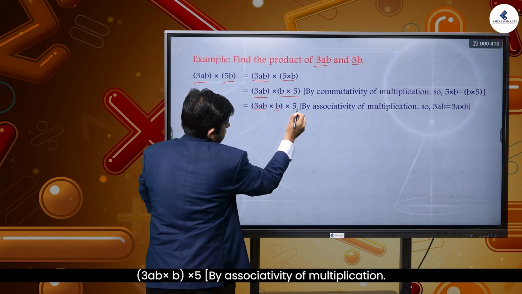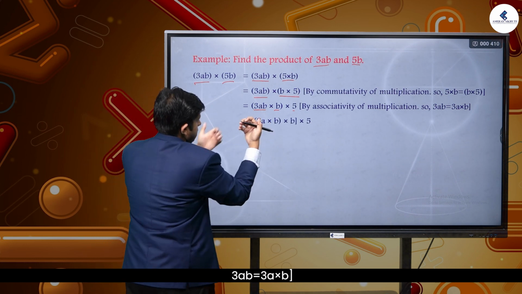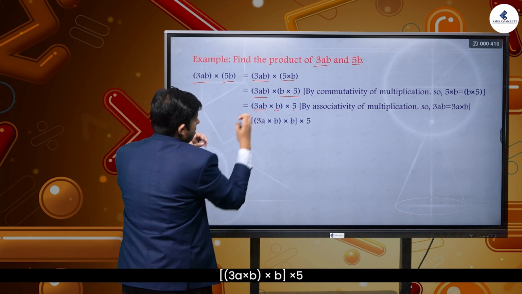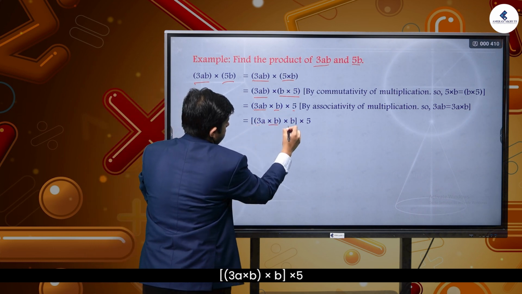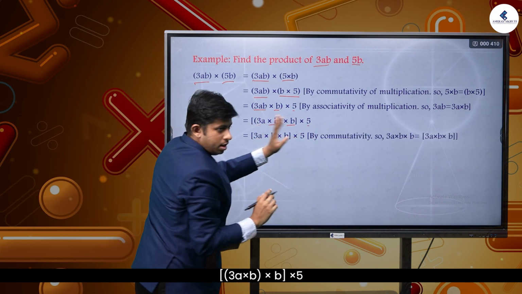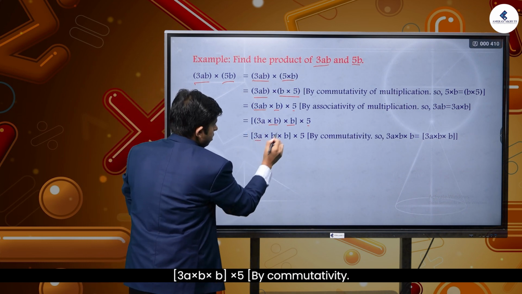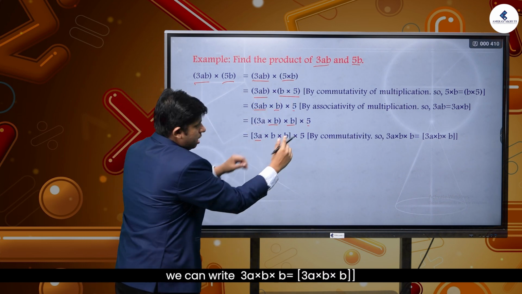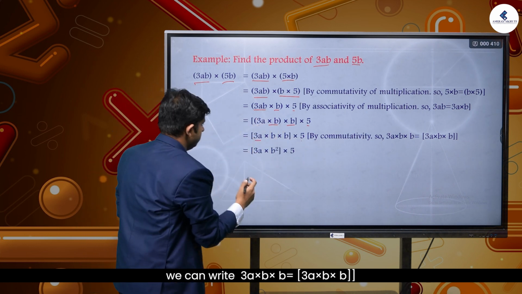By associativity of multiplication, we can write 3ab is equal to 3a into b, so 3a into b into b into 5. By commutativity, we can write 3a into b as 3a into b.